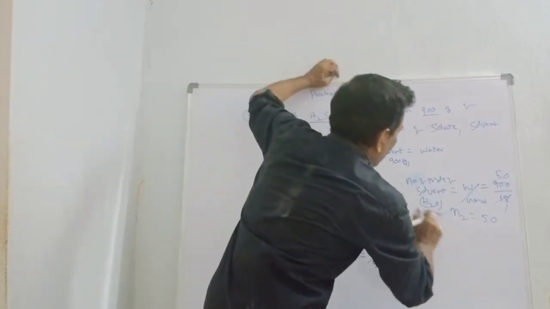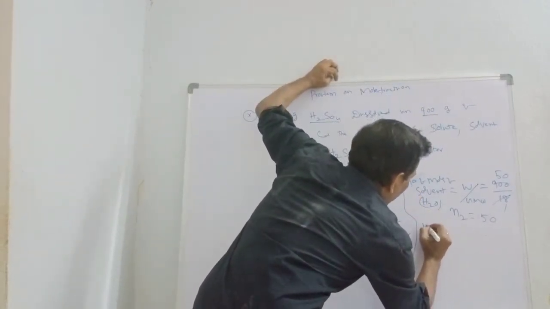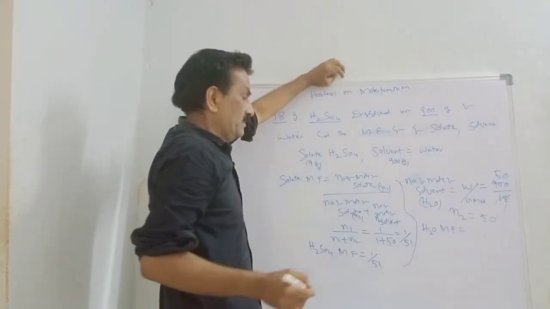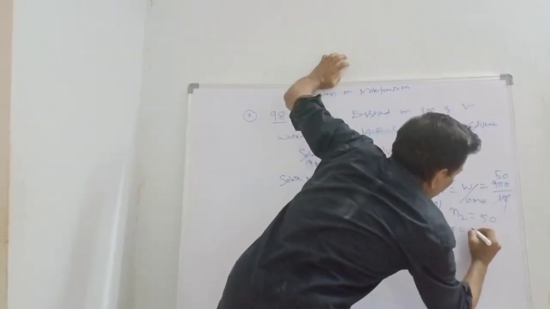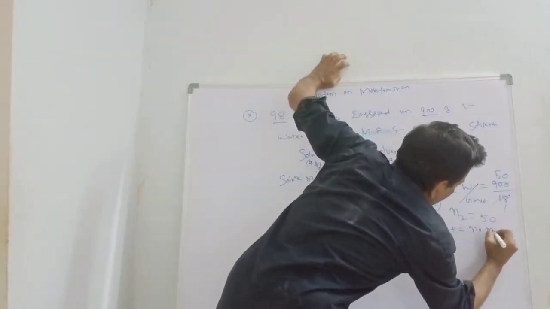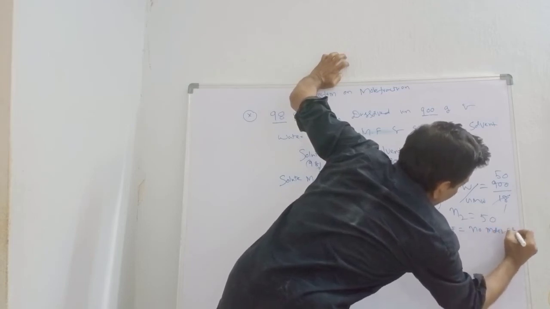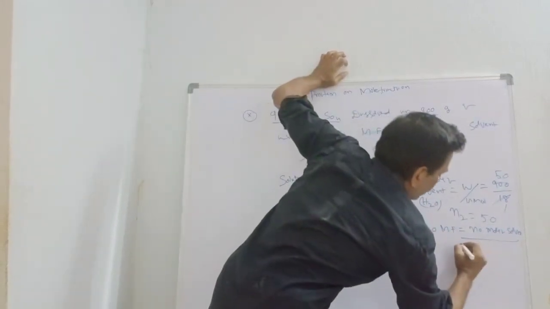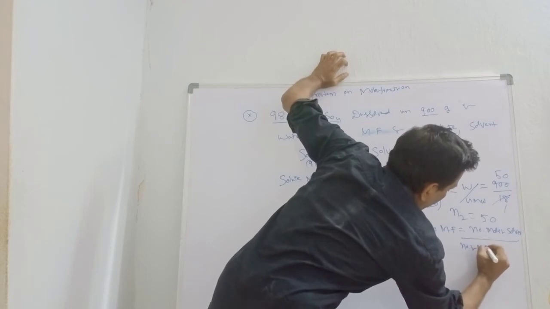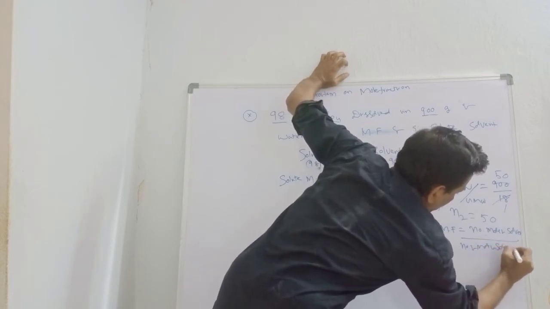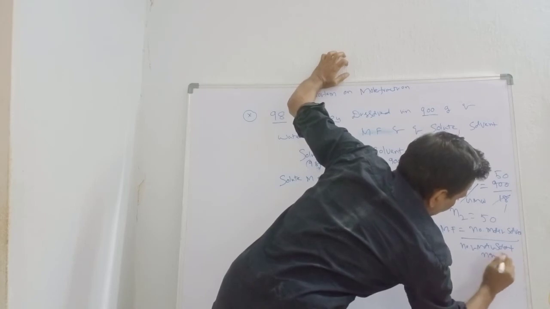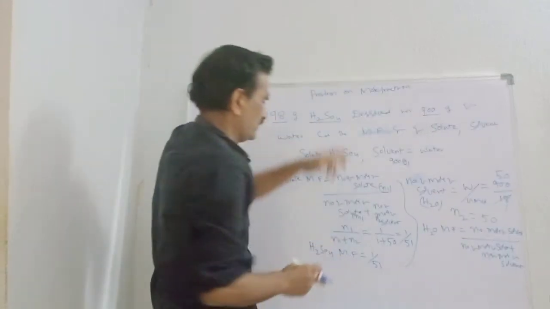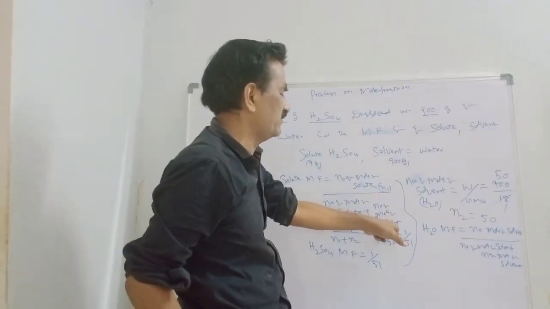At the same time, water mole fraction is equal to number of moles of solvent upon total, number of moles of solute plus number of moles of solvent. Already we have the number of moles of solute and number of moles of solvent. Same here also.